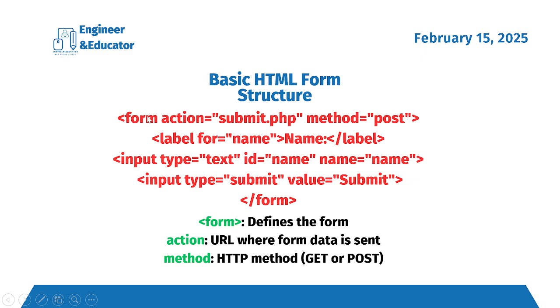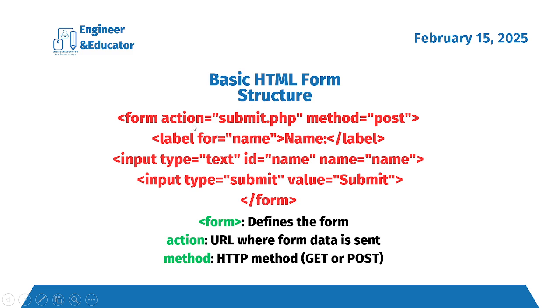The first thing that you have to make sure of when you're making an HTML form is that you make it inside the form tag. See here, I have an angular bracket in which I have written form, and there is a closing tag of this form tag. So we'll be making the HTML form inside this form tag.